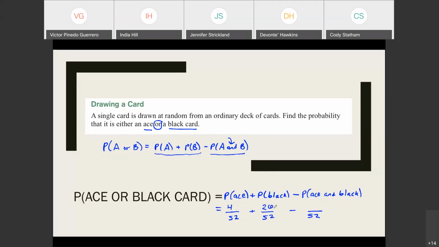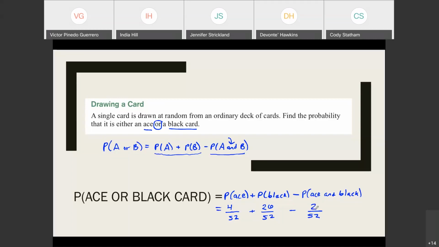It's 26, okay. All right, now I need to know, and this is a little bit tricky, how many cards are aces and black at the same time. So how many of those aces are also black? 2. 2, perfect, okay. Like I said, pull your picture out because it'll help you to see it. You can see that there are 2 aces that are black.